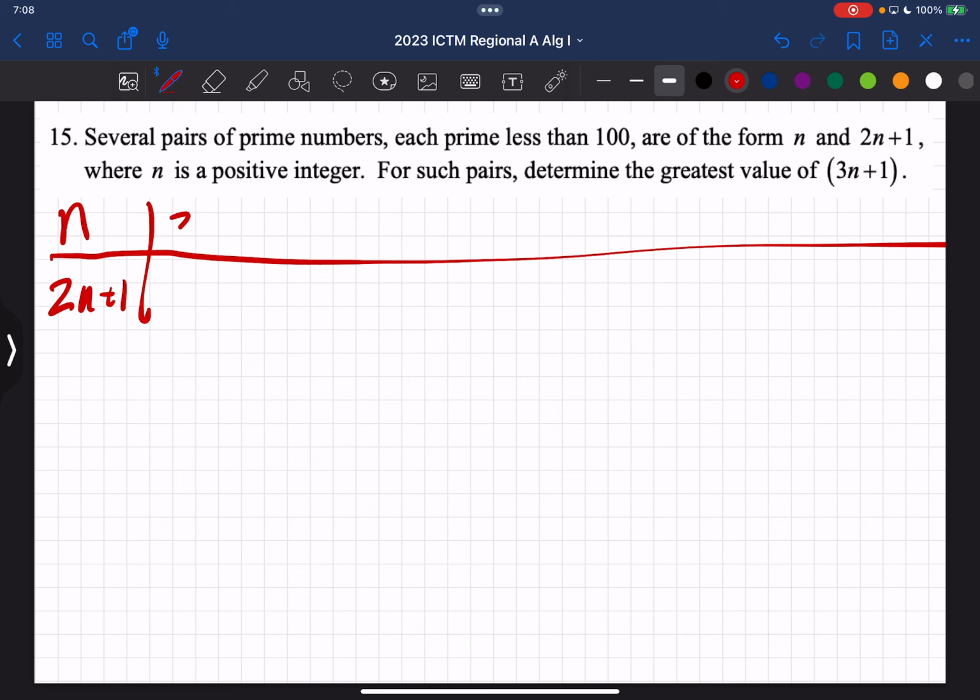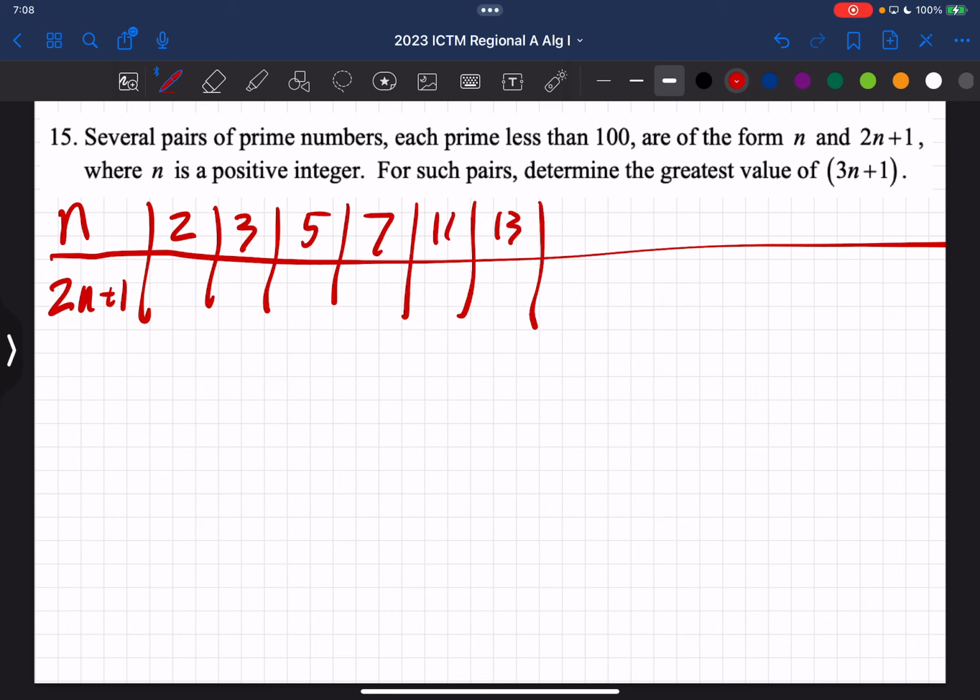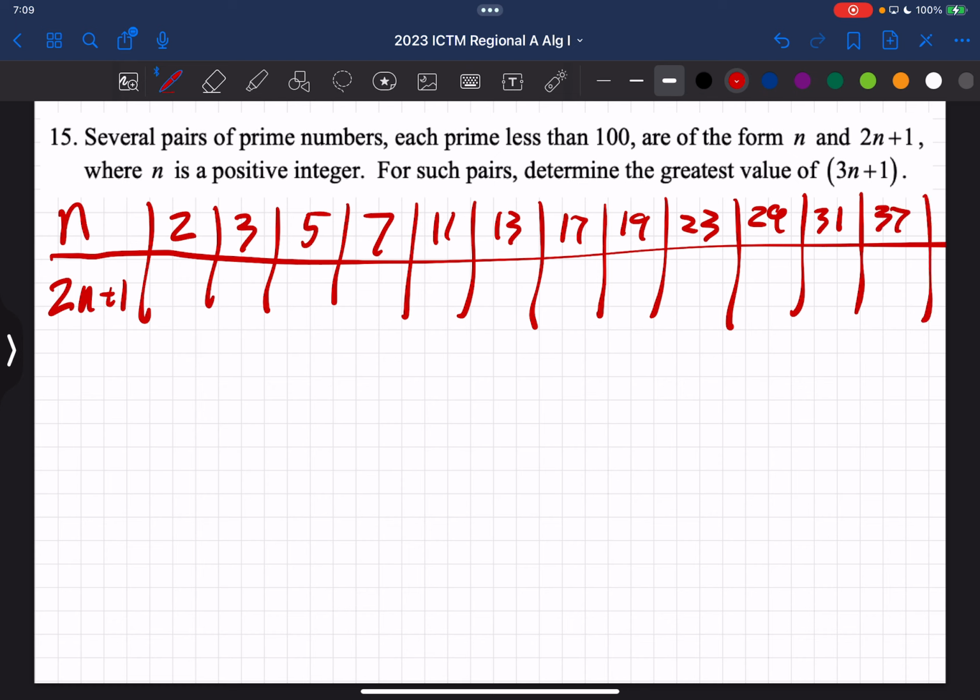All right, so let's see, 2, 3, 5, 7, 11, 13, 17, 19, 23, 29, 31, 37, and if we keep going, 41, 43.